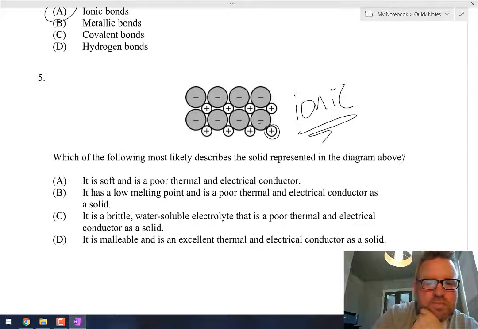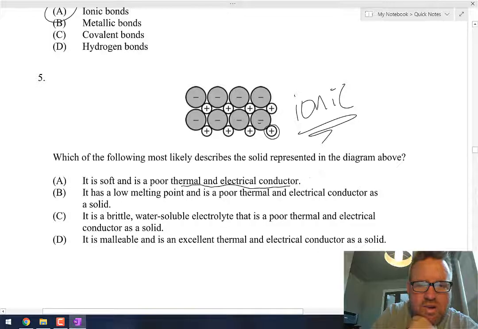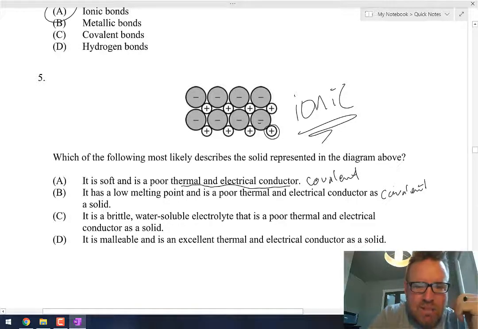Okay. It's soft and a poor thermal and electrical conductor. That would be covalent. It has a low melting point and is a poor thermal and electrical conductor as a solid. Again, covalent. It is a brittle, water-soluble electrolyte. We haven't talked about that term, but we will.